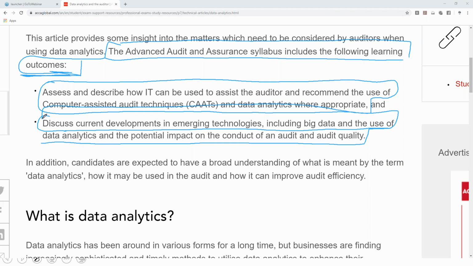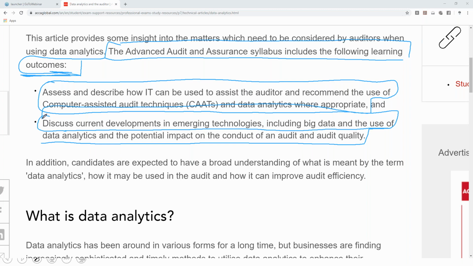So what if the examiner brings a 6 marks question in December 19 exams and the question asks you to discuss the current developments in emerging technology, or in big data or in data analytics? So you should be open for that. Or what if the examiner gives you procedures in the exam paper and you need to use the procedures involving the computer assisted audit techniques? So two things expected.